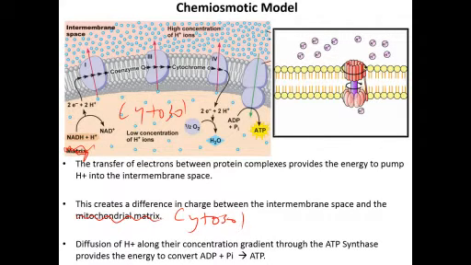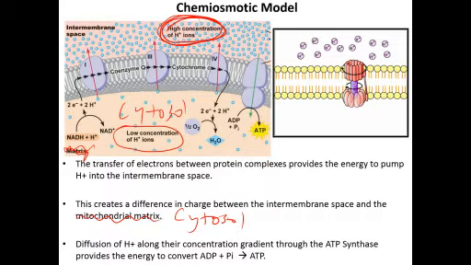What's taking place here is that you have transferred electrons to these protein complexes embedded in the membrane of the bacterial cell. When that occurs, you have the pumping of protons across this cell membrane into the intermembrane space. So you're building up a concentration gradient of protons, higher outside and fewer protons inside.